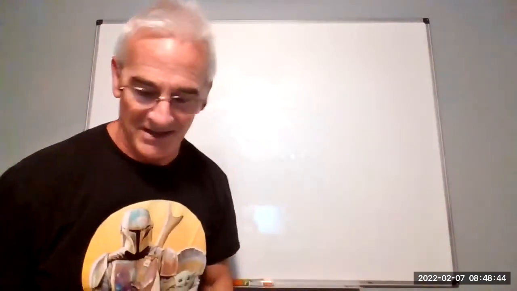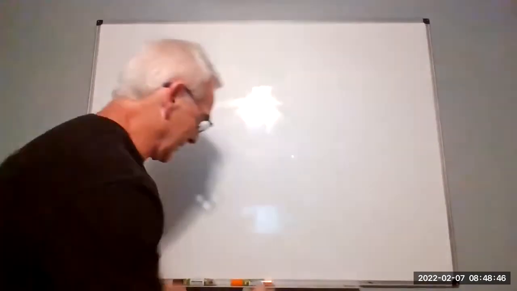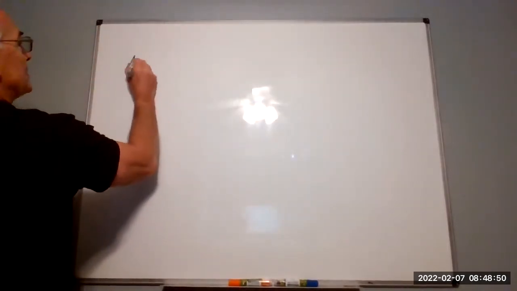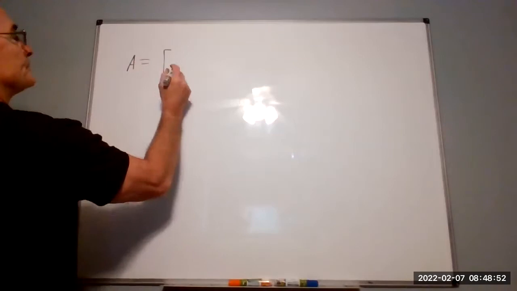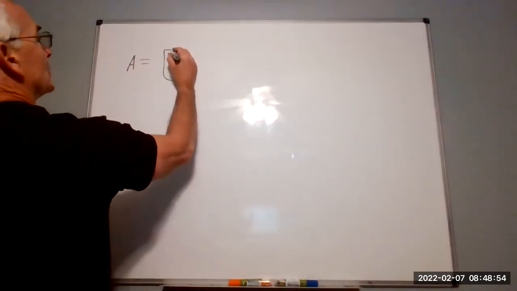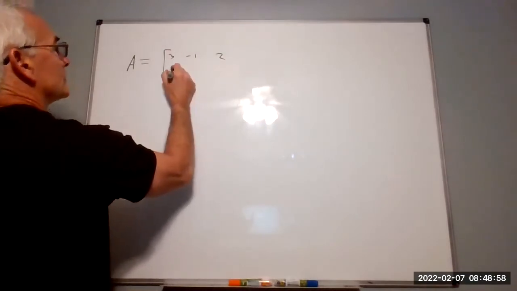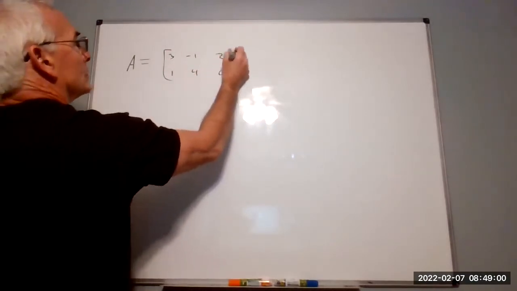You see a matrix with numbers. You don't see I's and J's and K's. So when we actually do it, let's make it really simple. Let's say matrix A is, I'll keep this relatively simple, 3, -1, 2, 1, 4, 0.